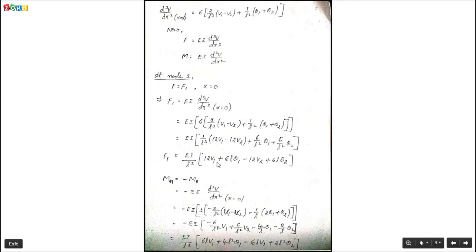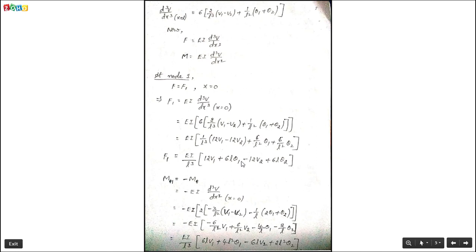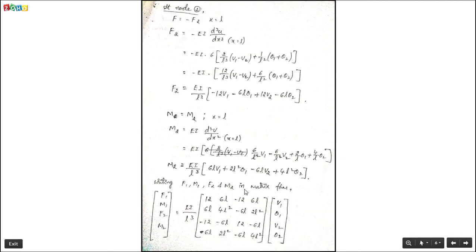How do we get it? See here. What is the F1 value? 12, 6L, then minus 12, 6L.